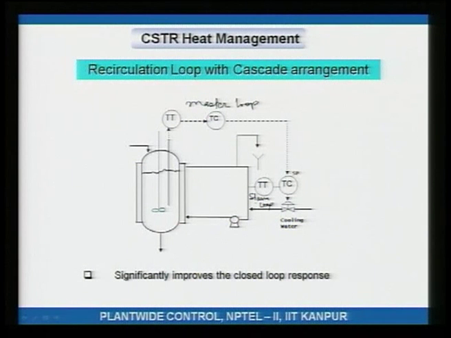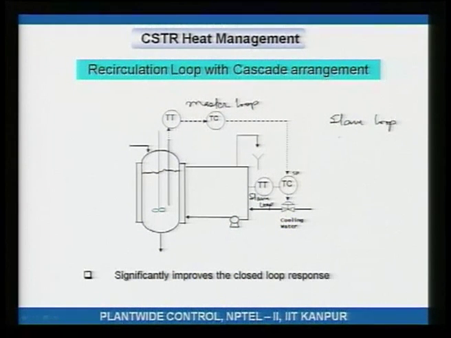So if the reactor temperature is increasing, the master loop says, well, decrease the temperature inside the jacket. The slave loop sees that the temperature set point has gone down, therefore it increases the cooling water to bring down the jacket temperature.